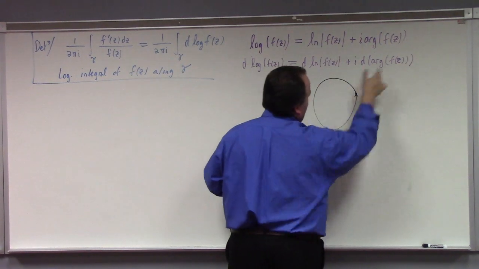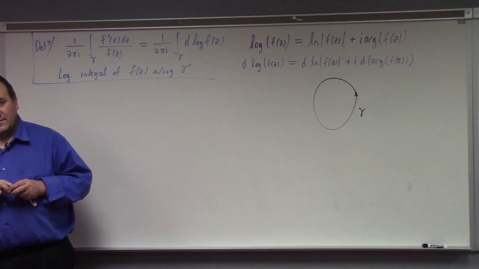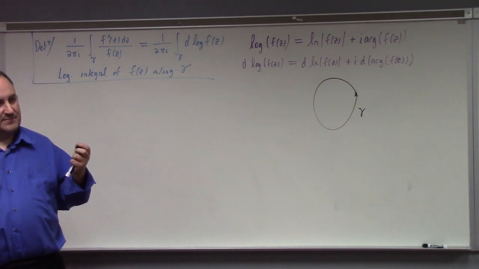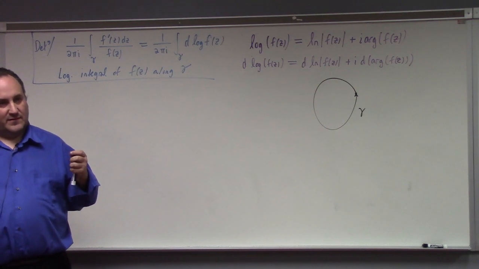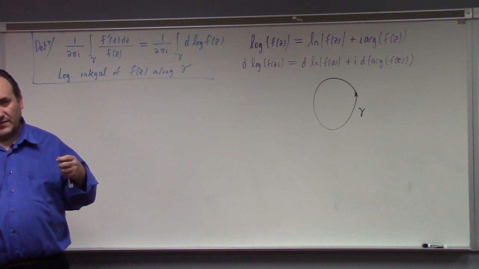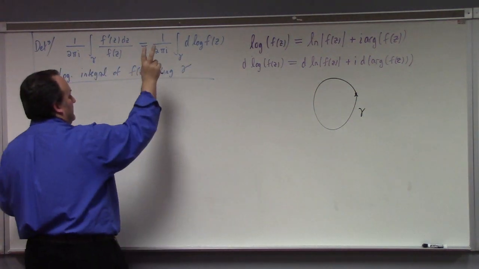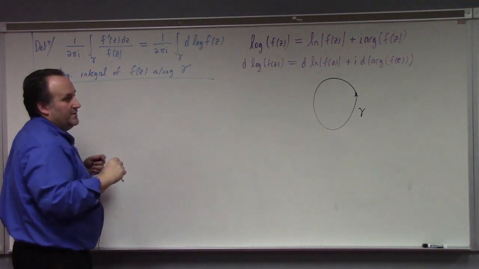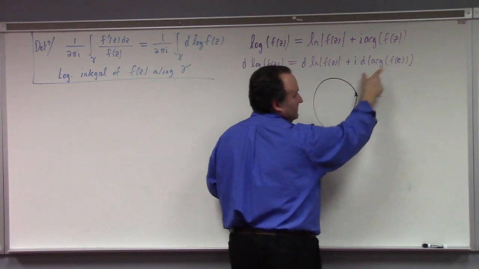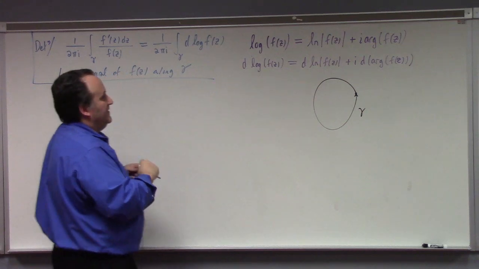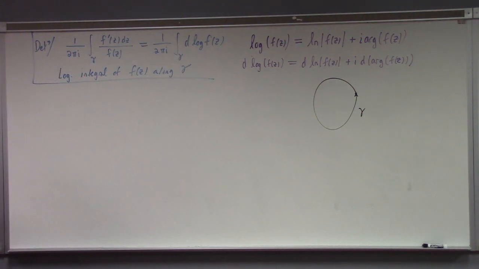And this, I would love to say integrates to 0 because it's a total differential, but we know the rub: arg of f of z, we can't continuously assign the argument all the way around the loop. So that's got to have a jump. So when you take this integral along a loop, this piece drops out, and you're just calculating that.